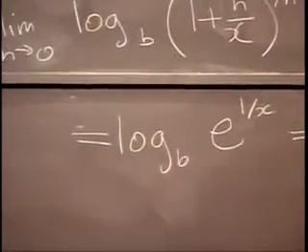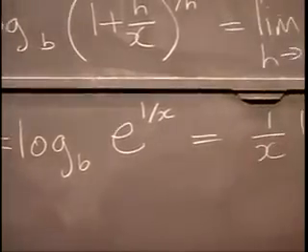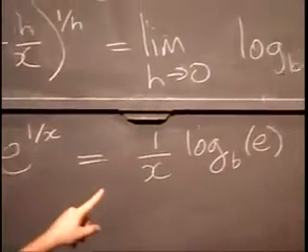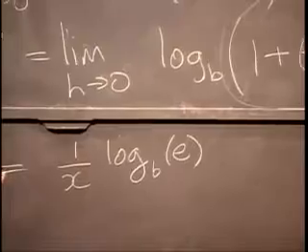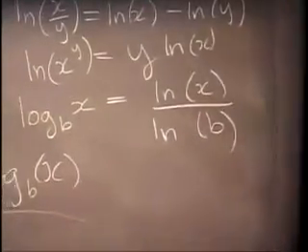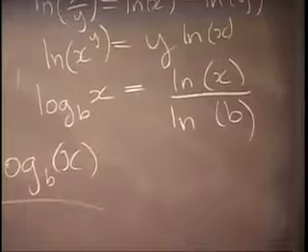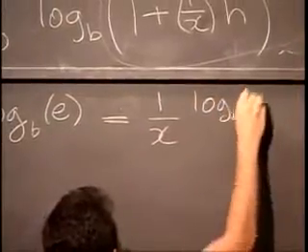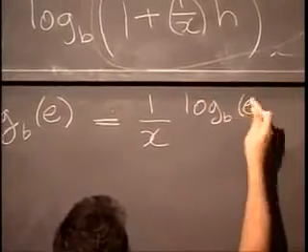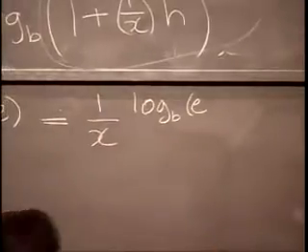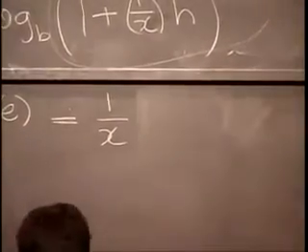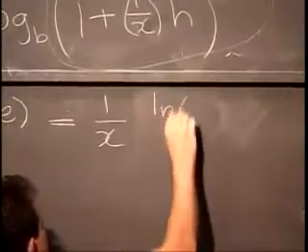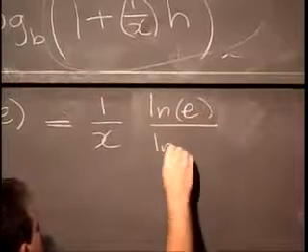In fact, one more log rule to use. If you look at that change of base rule up there, the last one on that top column, instead of x, I'm just going to write e. So this is 1 over x natural log of e over natural log of b.